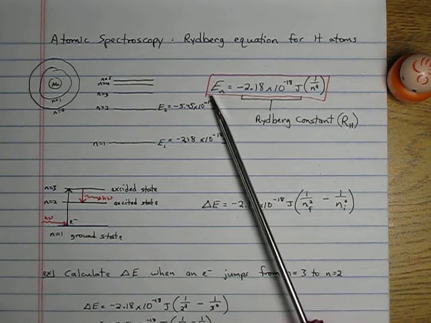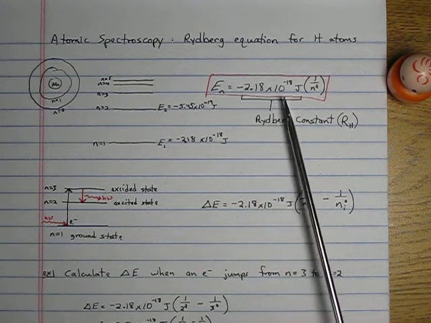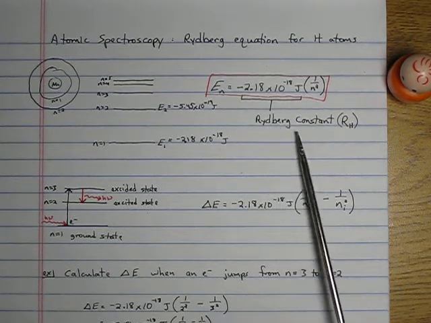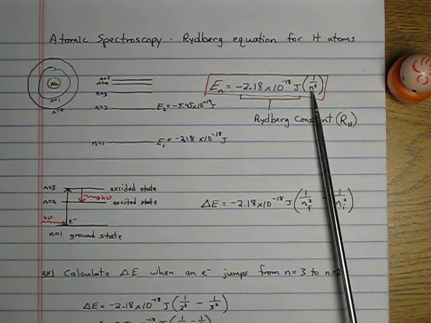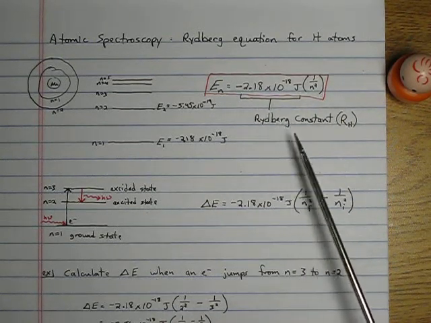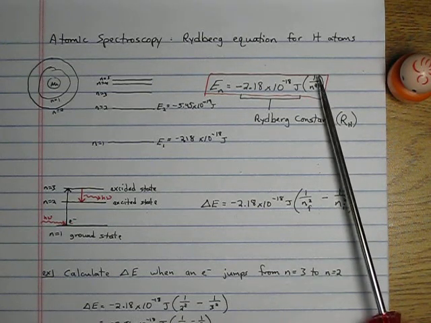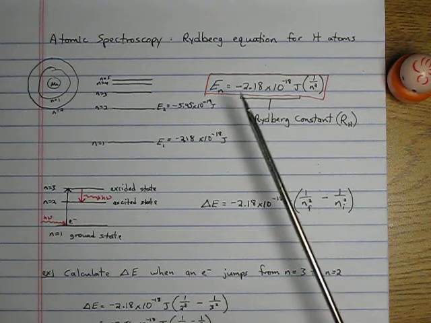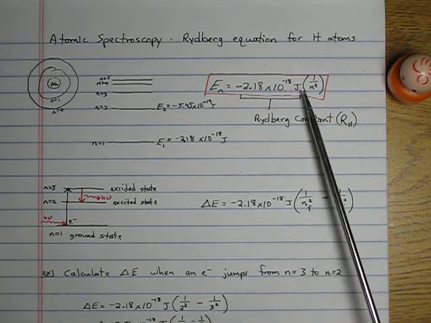And here it is: the energy of any orbital, any quantum shell, equals negative 2.18 times 10 to the minus 18th joules, that's the Rydberg constant, times 1 over the shell principal quantum number squared. So easy, if n equals 1, we can just do this math really easily because 1 squared is 1, 1 divided by 1 is 1, so the energy for n equals 1 is just negative 2.18 times 10 to the minus 18th joules.